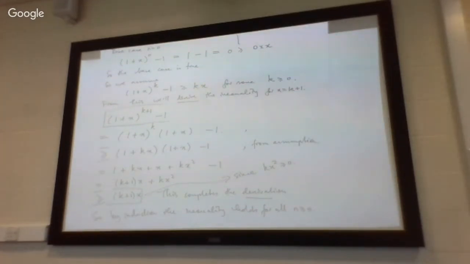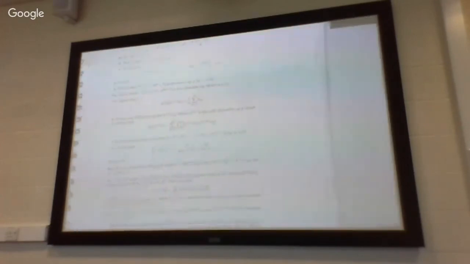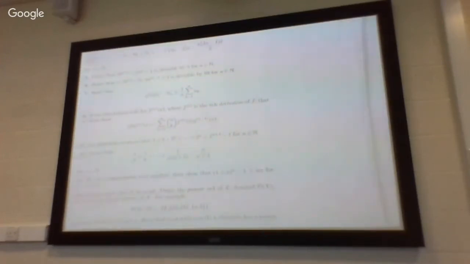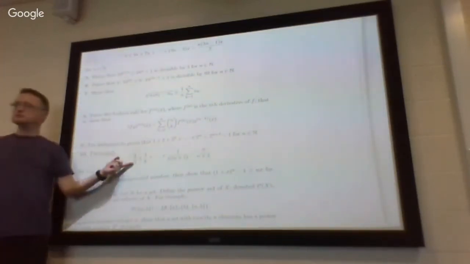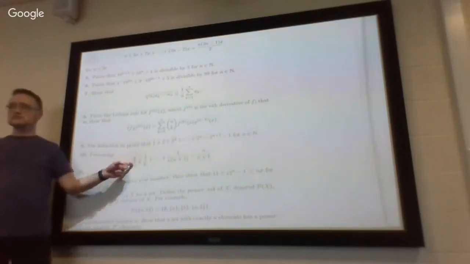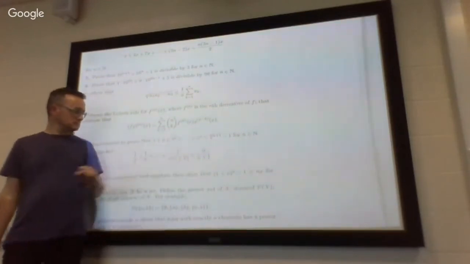The submission problems we've asked you to work on are questions 10 and 17. So question 10, it looks quite approachable. Summation formula.